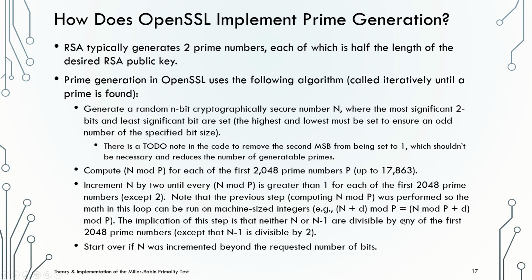Basically, then we iterate through this loop and continue incrementing the random number that was generated by 2 until neither n nor n-1 is divisible by any of those first 2048 primes. If we increment n beyond the number of bits that were requested, so if we asked for a 1024-bit prime number and we got something very close to that limit and incremented into 1025, then we just start the algorithm over.